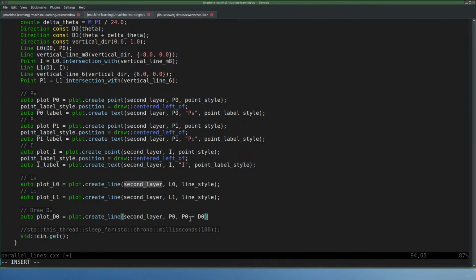So there should be 2 points, and I'm too lazy to calculate it, so I'll just say add the 0 to it. And I need a line style. Let's use, I don't know, the D line style.